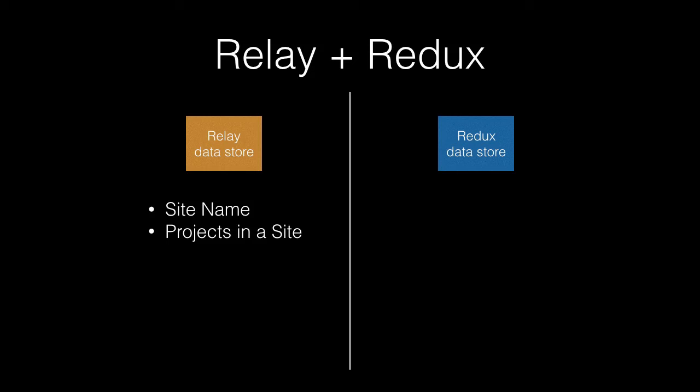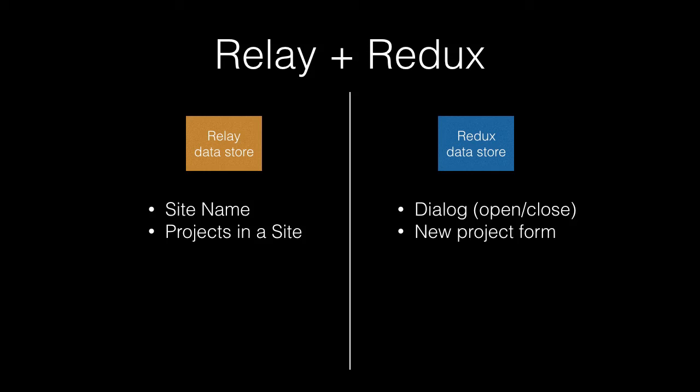Projects in the site, again, the same thing. Maybe it's just a list of projects, and Redux doesn't need to know about their existence. On the other hand, Relay doesn't need to know of the existence of a dialog. After all, it's just a boolean if it's shown or hidden, right? And it can very well live inside a component state, or in a Redux data store if you have something more complicated, like a dialog that contains a very complicated form where the user has to go through several pages and you want to keep track of the state of the application.